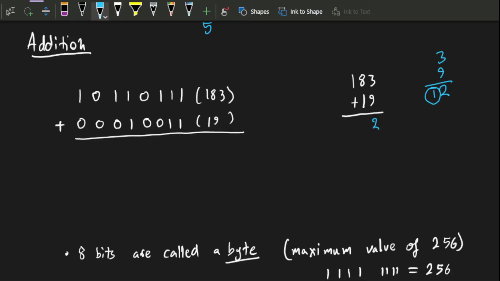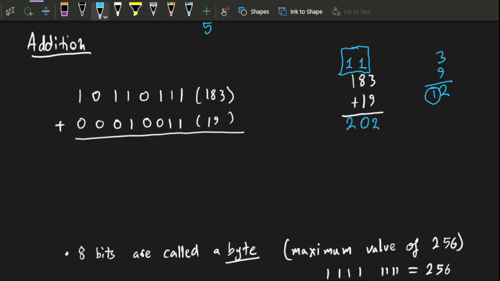So we write 2 here, and the 1 gets carried over here. Now we have 1 plus 8 plus 1, which is 10. So the 0 comes here, and the 1 gets carried over to here. Now 1 plus 1 is 2, so the answer is 202. So we understand the concept of carry when it comes to addition in decimal systems.